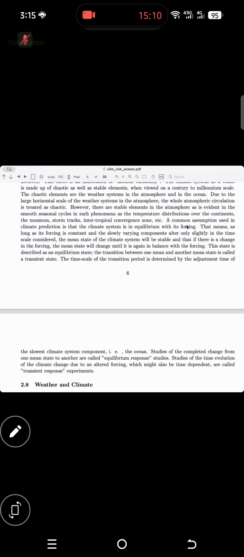Now, in weather prediction, what you do is you get initial values, you feed it into the model, and you tell the model the time step, like if it is 1 o'clock now, you tell the model whether you need information for the next 1 hour.